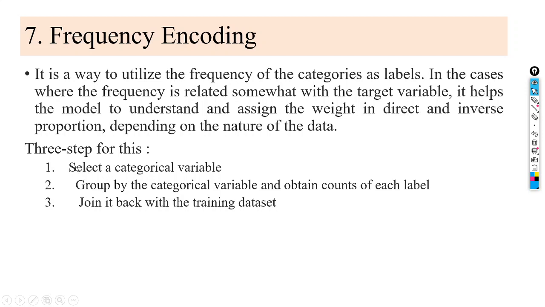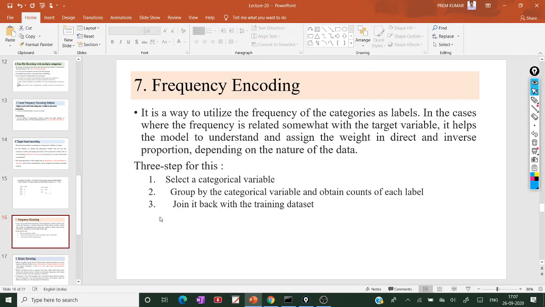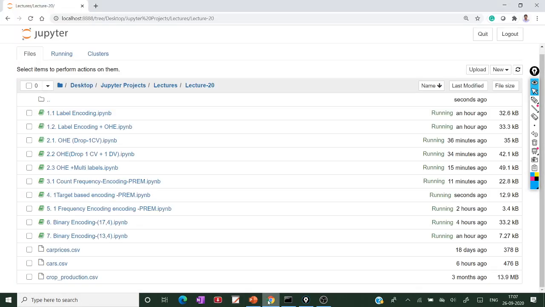If you understand these 3 steps: step 1, select the categorical variable. Step 2, group the categorical variable, obtain the counts of each label, and join it back to the training data set. I will explain it in the practical so you can clearly understand frequency encoding.